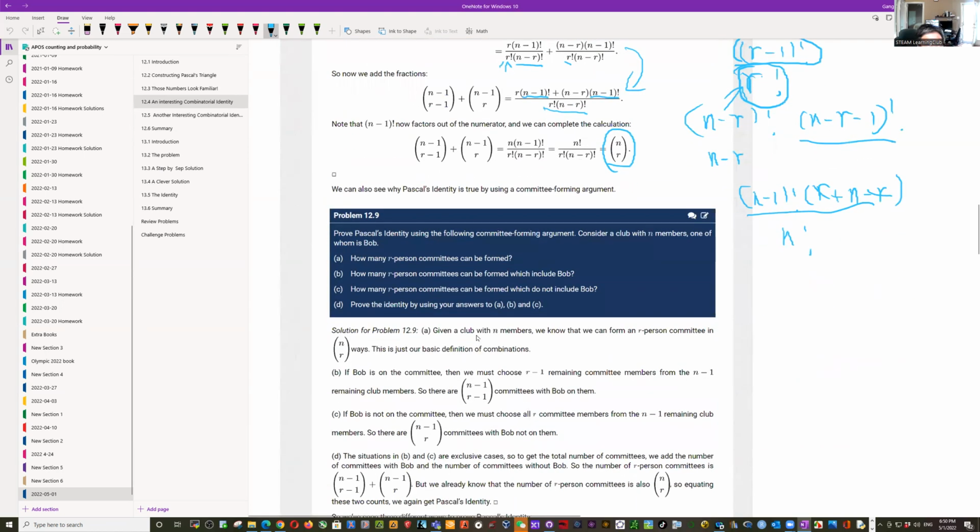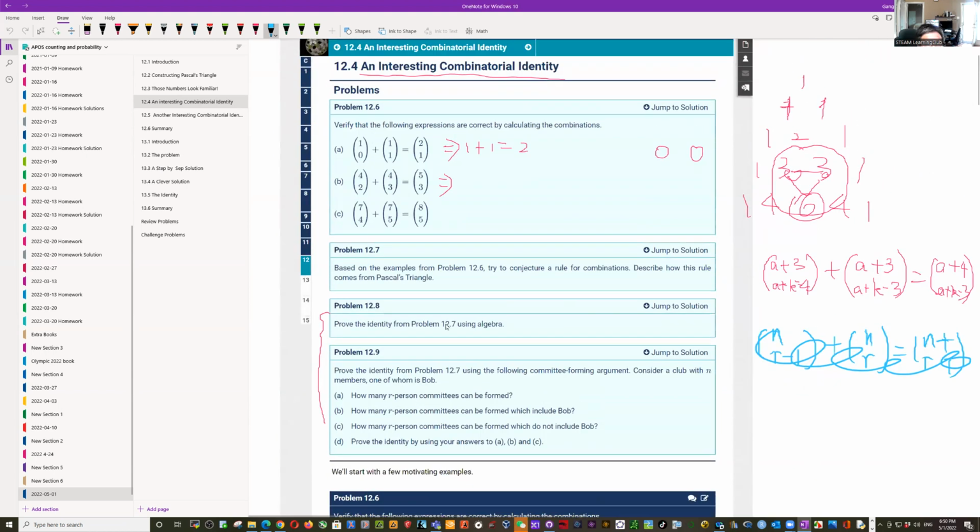So this one has an algebraic proof. Algebraic proof is just manipulation of the terms, but then there is a reasoning proof. The reasoning proof is problem 12.9. So let's go through 12.9.